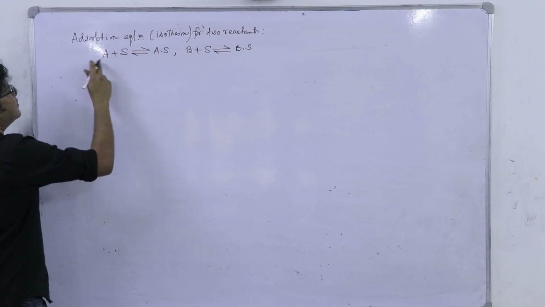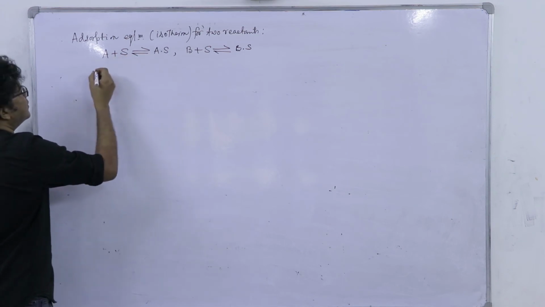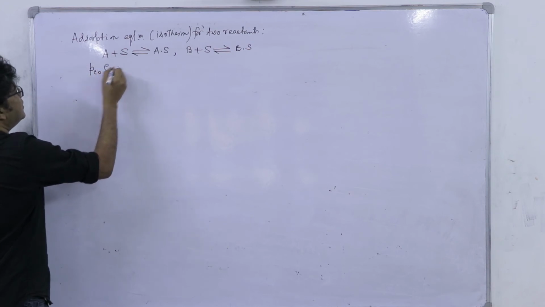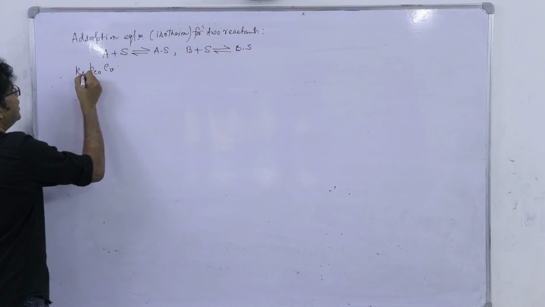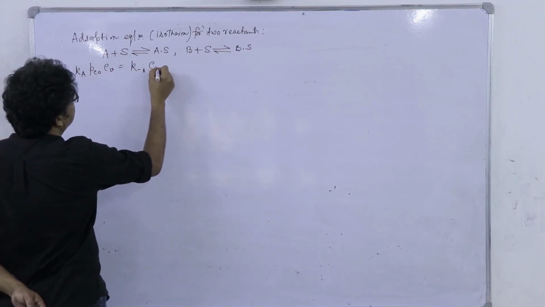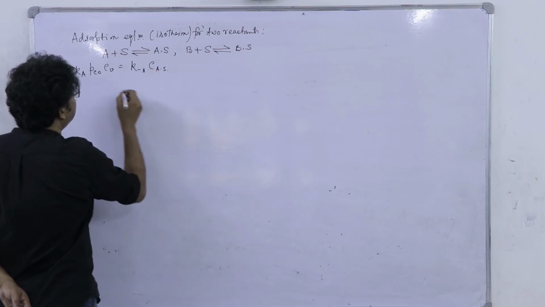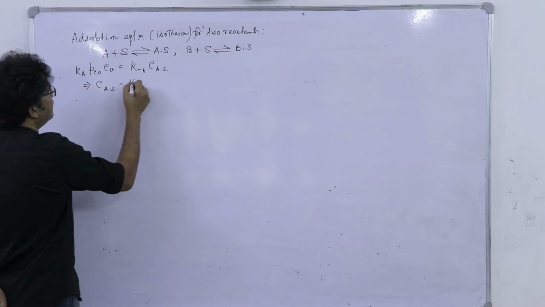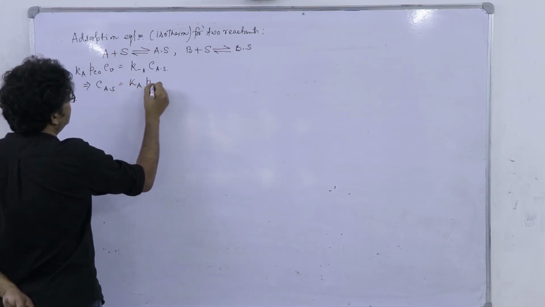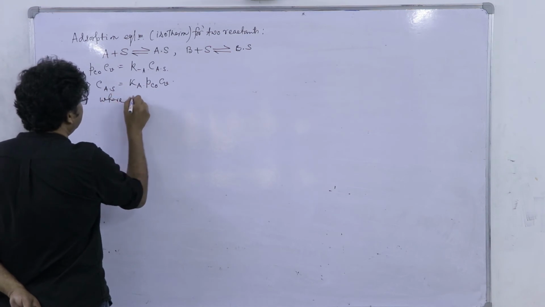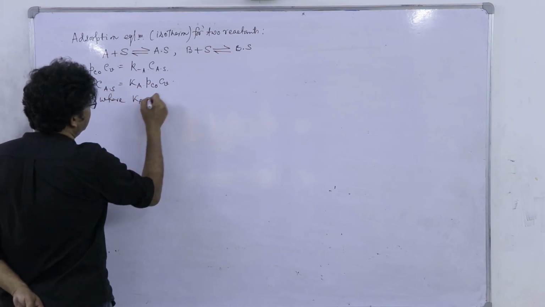So, you see for here the equilibrium is PCO into CV into Ka is equal to K minus A C A dot S. So, obviously, C A dot S will be K capital A into PCO into CV, where we have already discussed about this equilibrium relation.